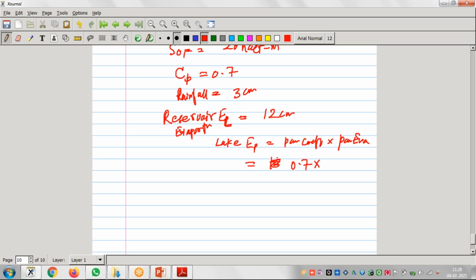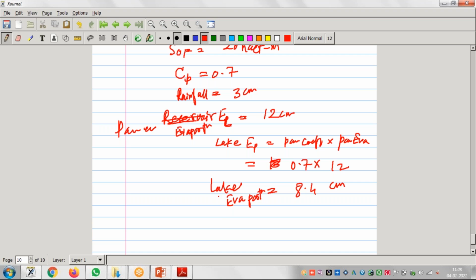The pan evaporation is 12 centimeter, right? This is not the reservoir evaporation; pan evaporation is given. So pan evaporation 12 multiplied by pan coefficient, we will get the lake evaporation, which is 8.4 centimeter.